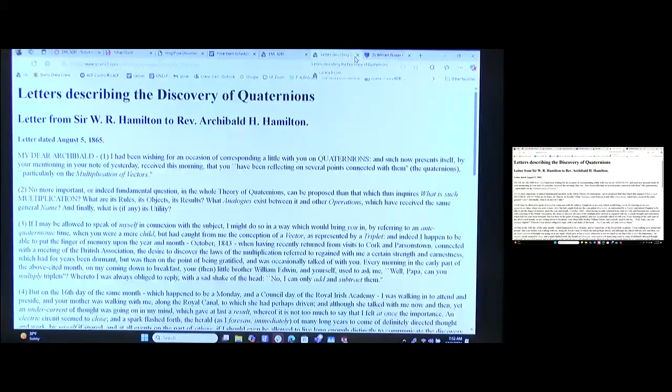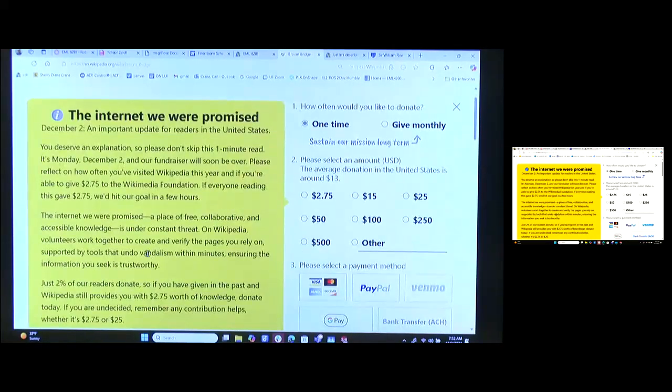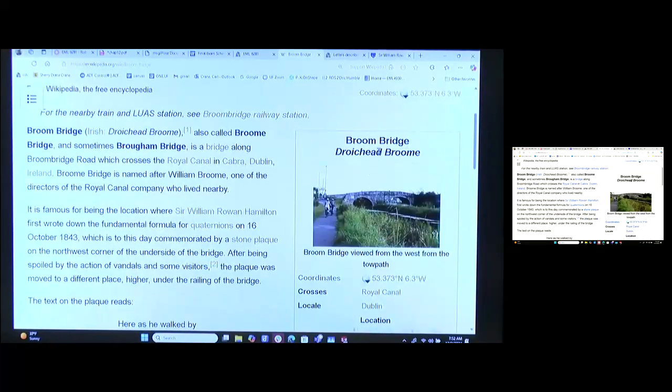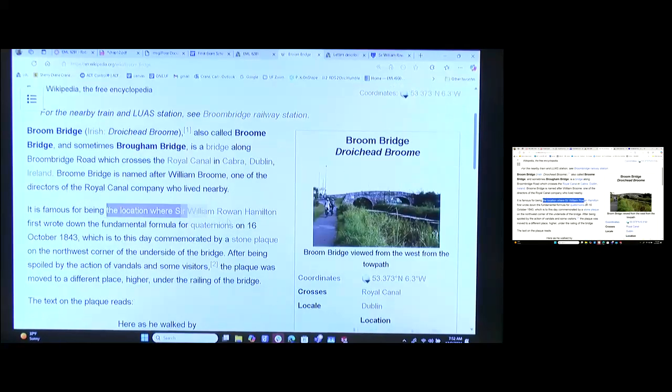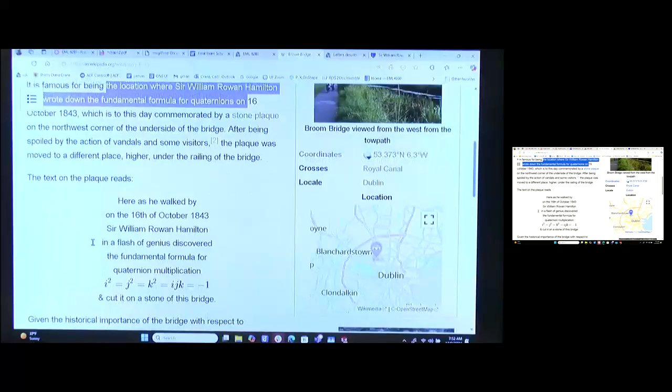And I don't know if I'll ever get to go to, what town was this? In Ireland. Quaternion Bridge. Oh yeah, okay. You can't do that right now. So here's this bridge, famous for being the location where Sir Hamilton first wrote down the fundamental formula.